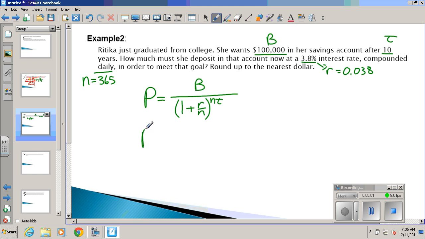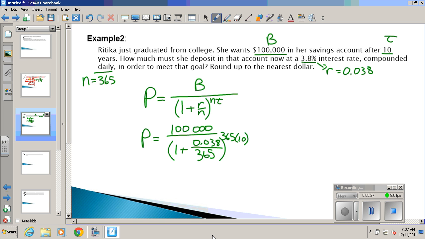Alright, so in order to get 100,000, how much needs to be invested? So 100,000 is my balance, and I'll just do my rate over the number of times it's compounded a year, 365 for this daily, and my time is 10 years.